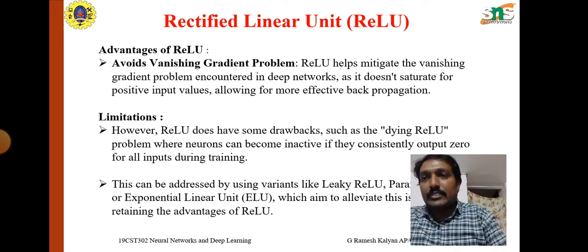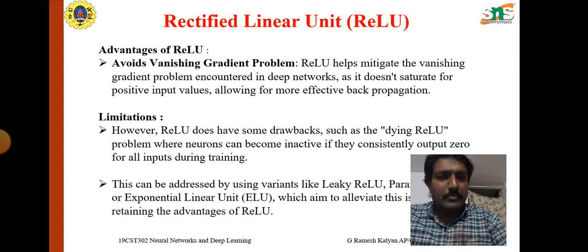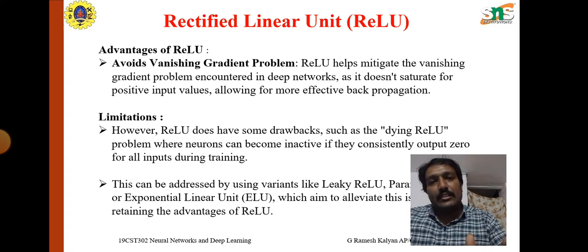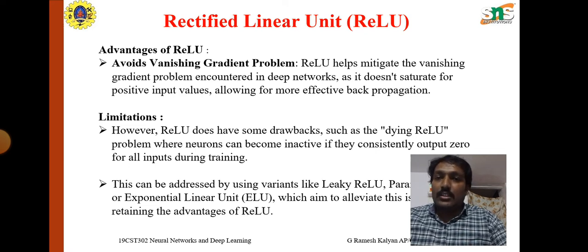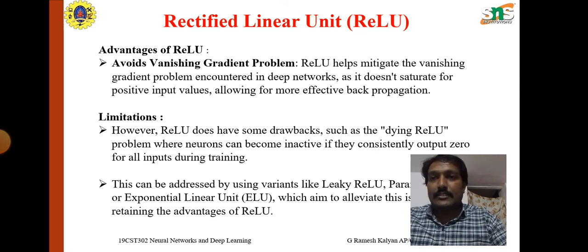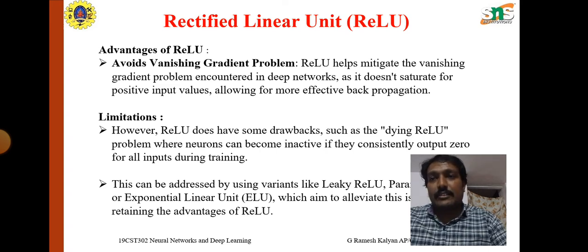When we backpropagate from the output layer to the previous layers, the gradient becomes very small in size, and even vanishes at a certain point of time. This is the vanishing gradient problem.